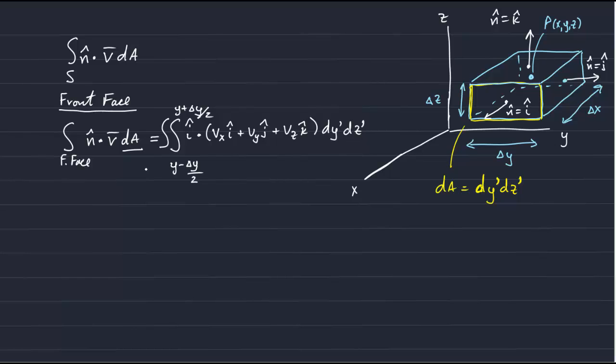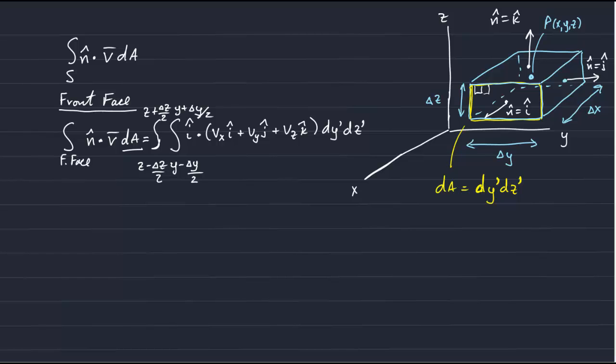And we're going to integrate over z from z minus delta z over 2 to, let me write this out a little more neatly. Okay, so it's a double integral from z minus 1/2 delta z to z plus delta z divided by 2. Okay, so we're integrating little patches of this front face over a width of delta y and over delta z.